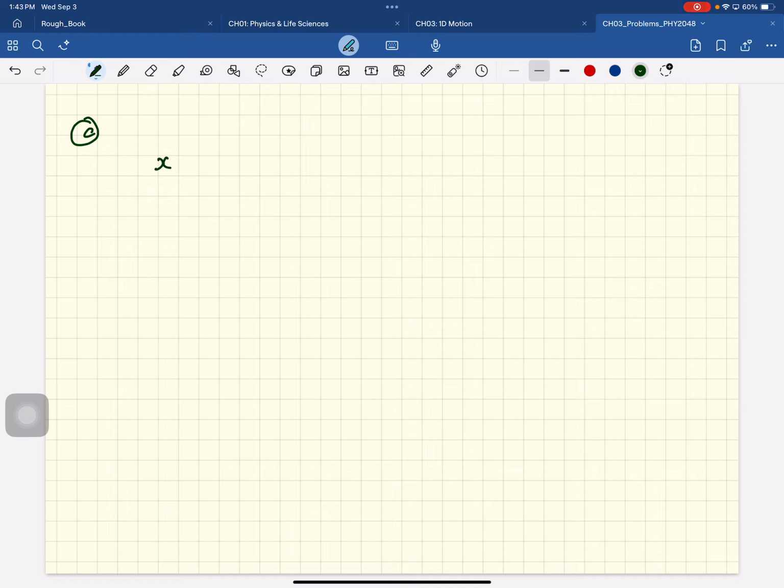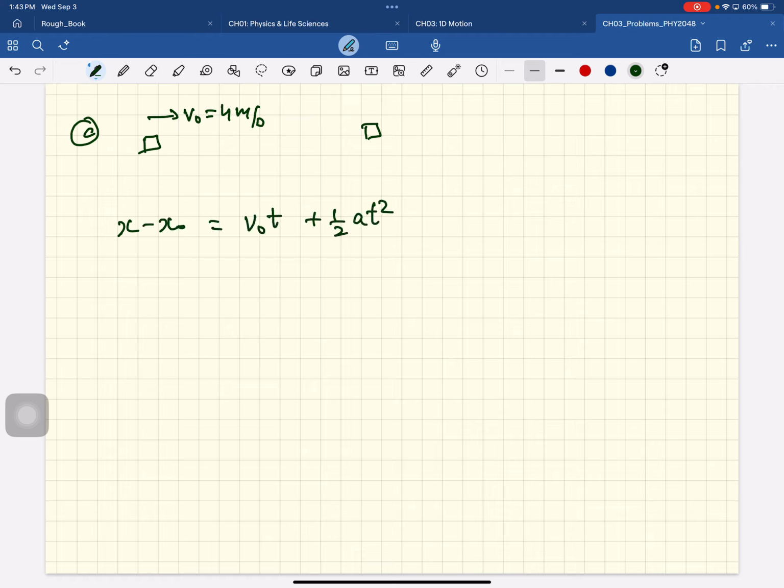So for the first case, the time of travel was 480 seconds plus 1/2 0.05.